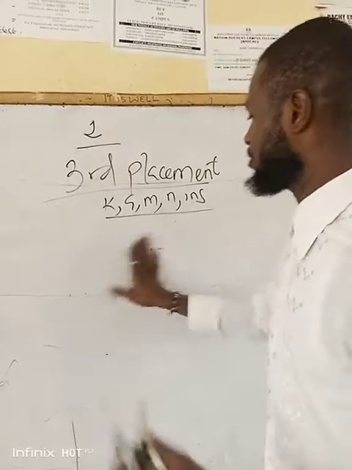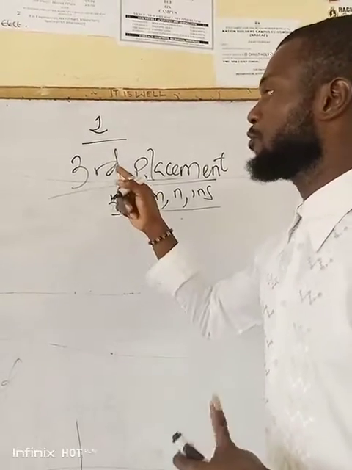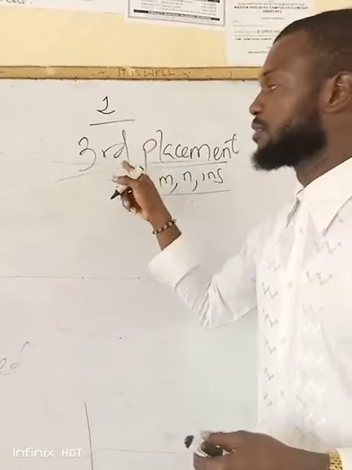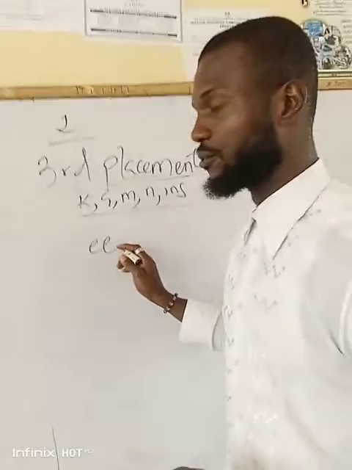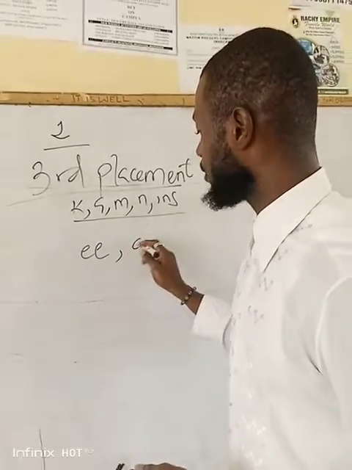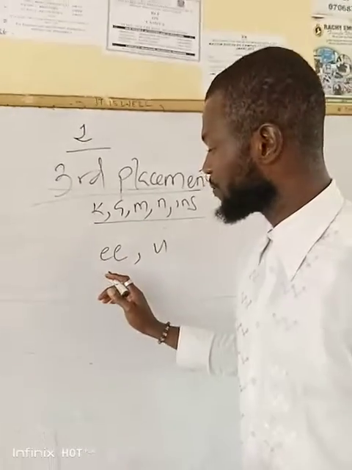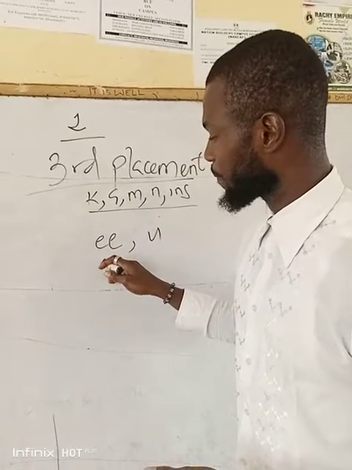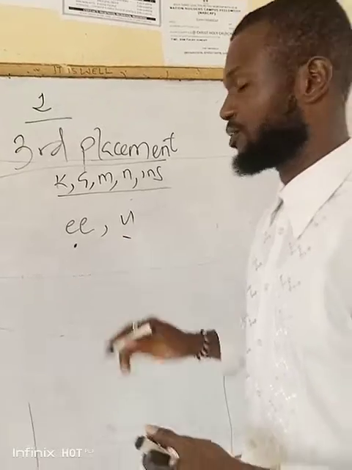So that one is just aside, just to make this thing very snappy. Now, the vowels associated with this third placement are the E sound and the U sound. The E is represented by what? A dot. While the U is represented by a dash.